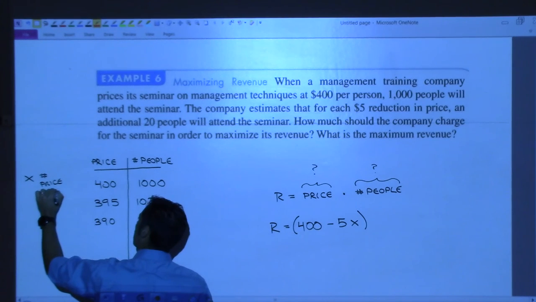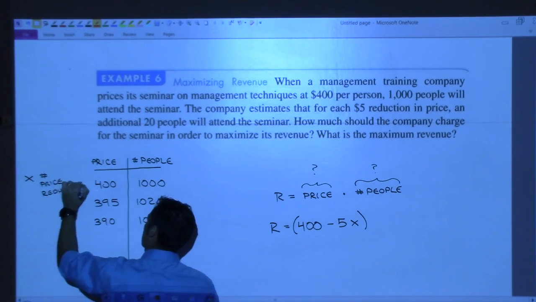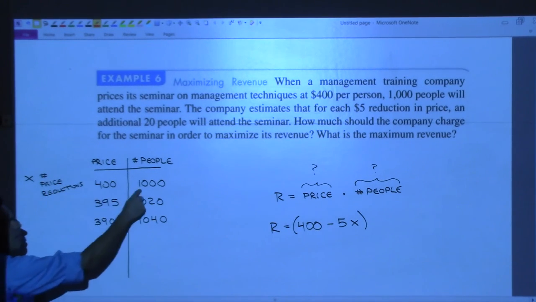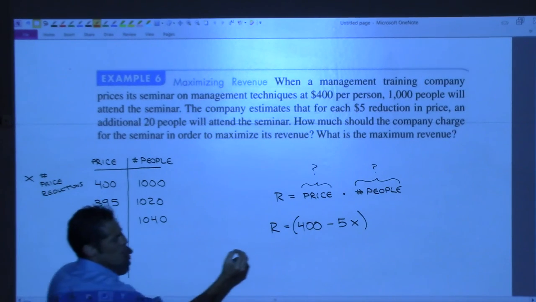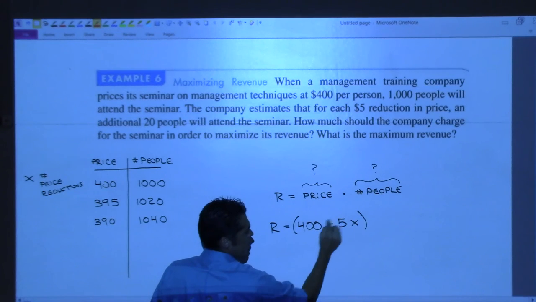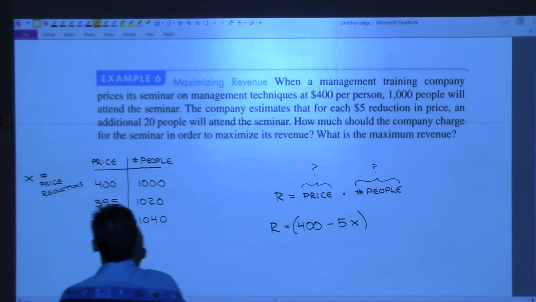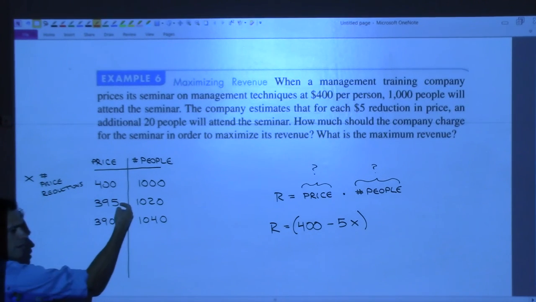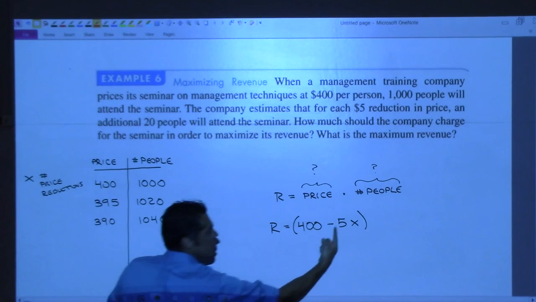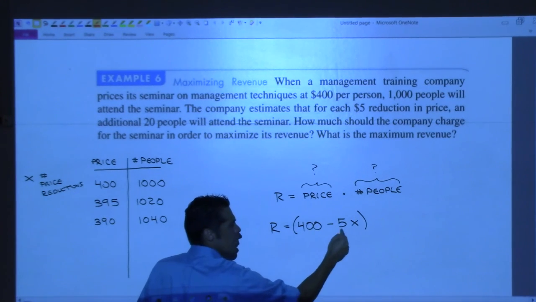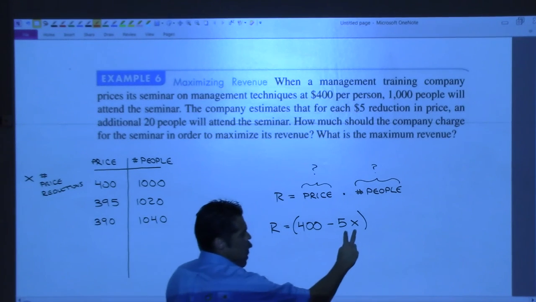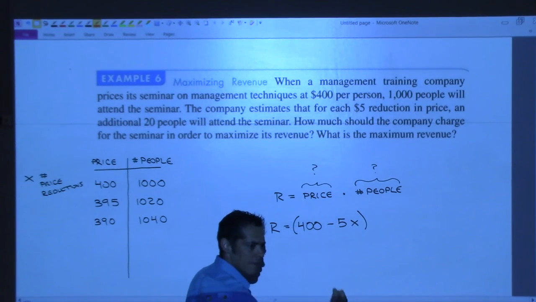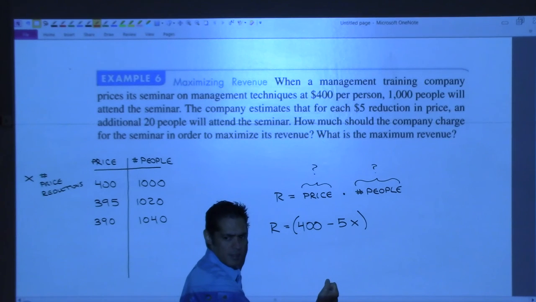So in this first case, how many reductions do we have? 0. So if I put a 0 right in here for X, what's my price? 400. Now if I do one reduction, I'm going to put a 1 in here, and now it's going to be 400 minus 5, which is 395. So this right here is where we're getting that taking away $5 from the price each time. Make sense?